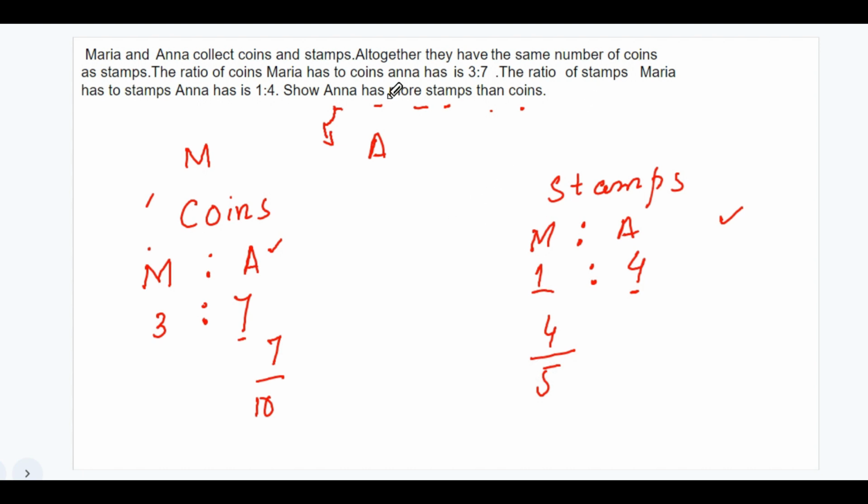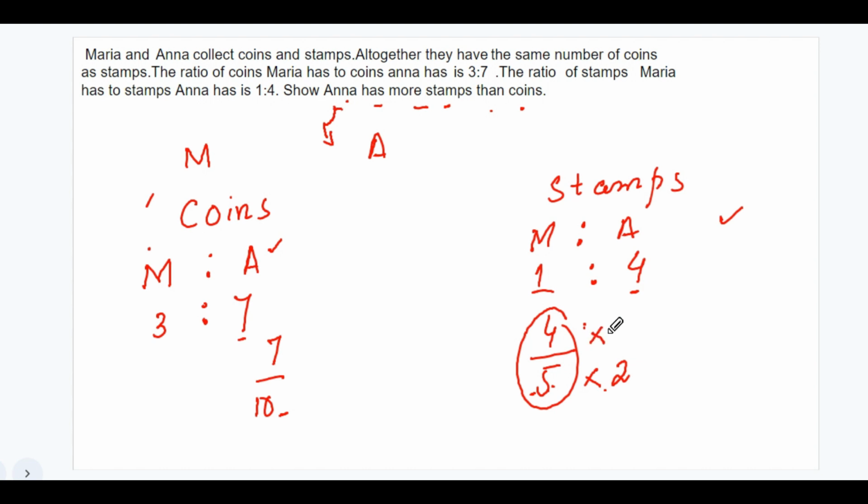Now what they're asking is whether Anna has more stamps than coins. How can we come to know that this is bigger than this? Look, the denominators are different. So first of all, we need to make the denominators equal. That means I need to make it equal to 10. 5 times 2 is 10.